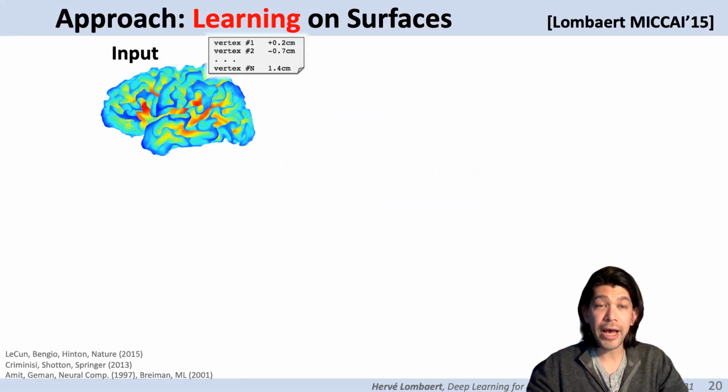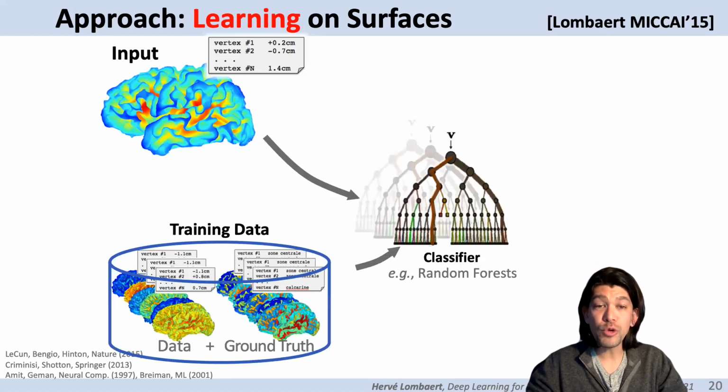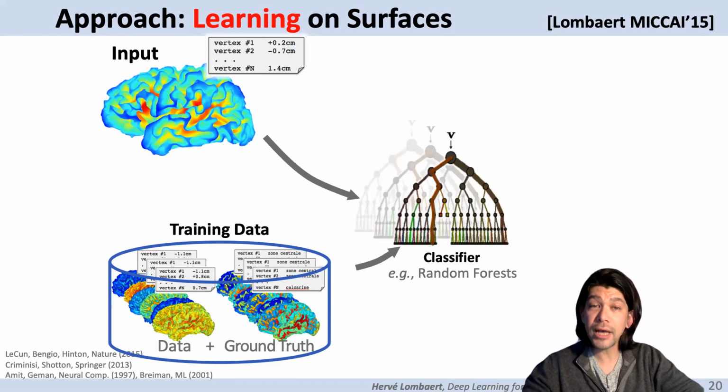So imagine we have some data that lives on a mesh here. For example, it could be the depth of every point across the surface. Imagine you take a random algorithm, could be random forest, a very simple one, easier to understand maybe. You feed in those input data.